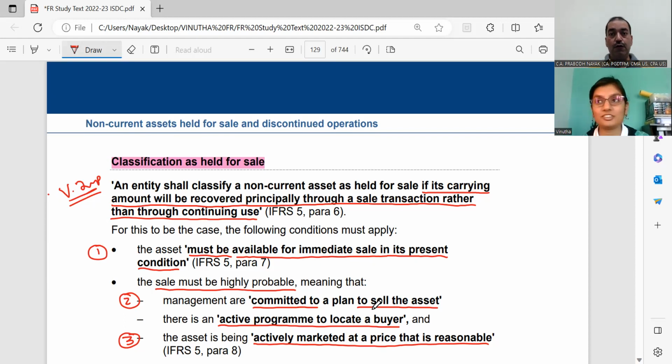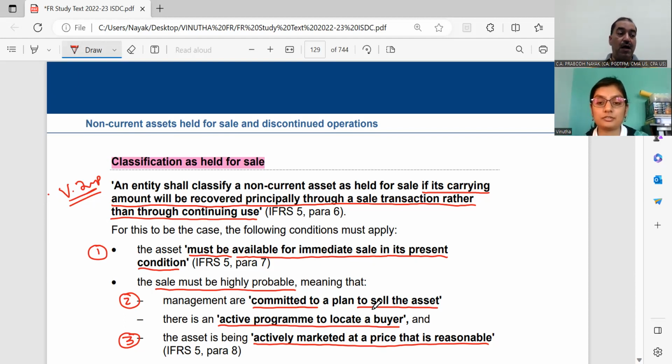No, you can't, because you are not holding it as investment property. So why are you holding it? Because it is an asset from discontinued operations, which is going to be sold in the near future, held for sale. Non-current assets held for sale from discontinued operations comes under IFRS 5.